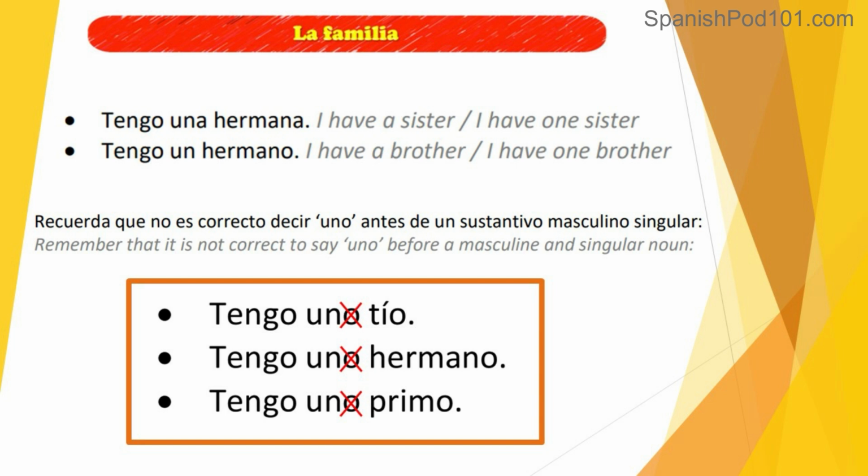Tengo una hermana, I have a sister. Remember, it is not correct to say uno before the masculine singular noun. So you cannot say tengo uno tío, tengo uno hermano, tengo uno primo. You have to say un here. Tengo un tío, tengo un hermano, tengo un primo.